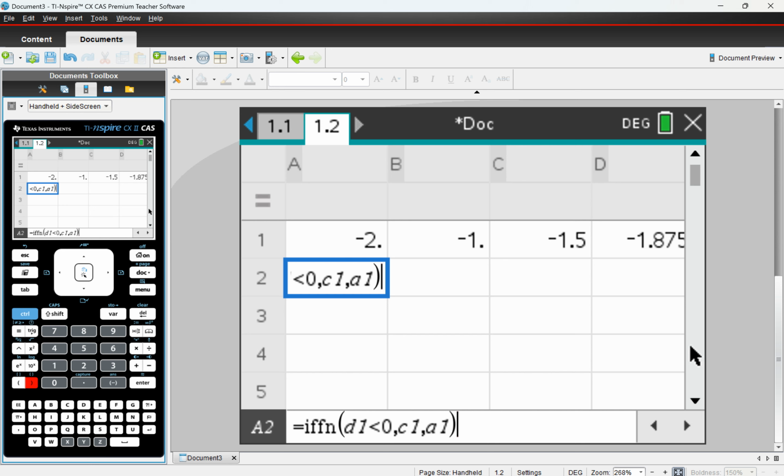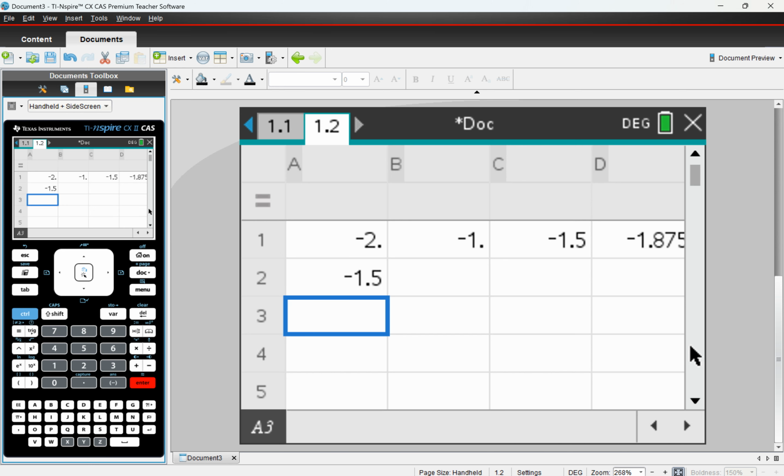If the answer for D1 is negative, and it's true, use that one. If it's false, so if it's not negative, use this one. Because if it's not negative, then it's positive. So then we go on this side. So here, we can already tell that is negative, so the calculator will choose this one. We'll replace that. So here, if I press enter, you should get negative 1.5.